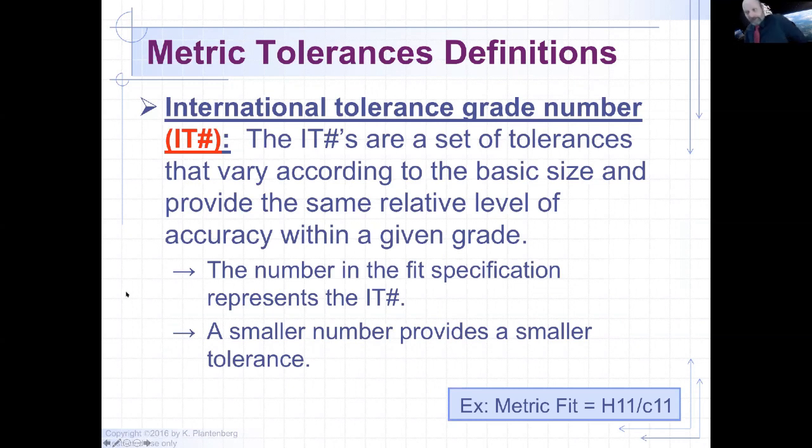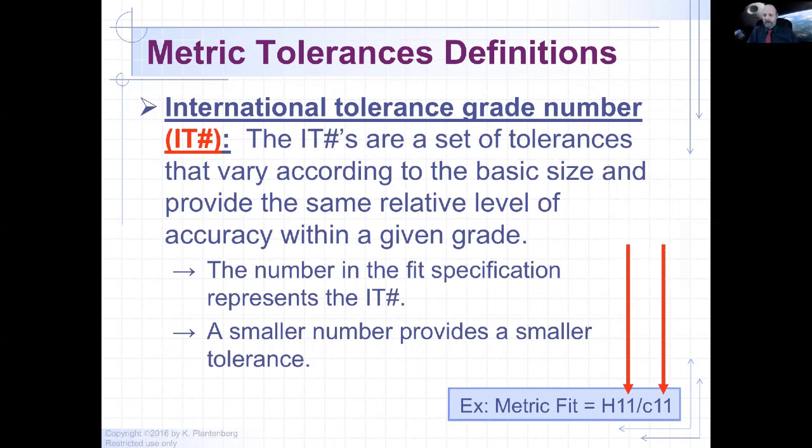All right, now we got some definitions, and these are the kind of things you want to keep to the side when you're doing your homework or your at-home exam later on. So there's what's called an International Tolerance Grade number, an IT number. The IT numbers are a set of tolerances that vary according to the basic size and provide the same relative level of accuracy within a given grade.